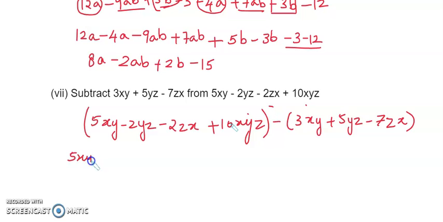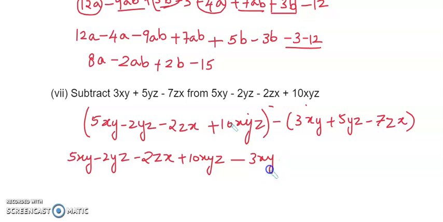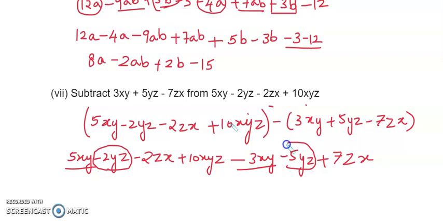So it becomes 5xy minus 2yz minus 2zx plus 10xyz minus of 3xy minus of 5yz, minus into minus plus 7zx. Okay, so 5xy with 3xy, 2yz with 5yz, right? And zx with zx, correct?